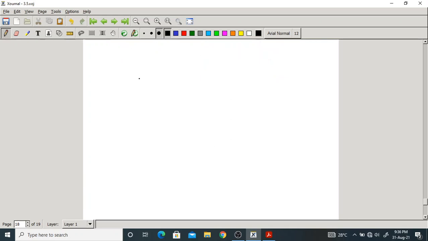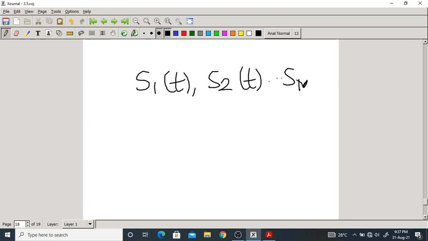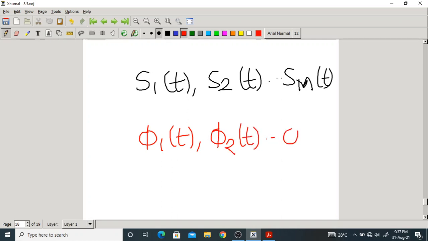So finally, what I want to say is this. We have S1 of t, S2 of t, so on, Sm of t. These are a set of m energy signals. They have been represented as a linear combination of basis functions, n in number.